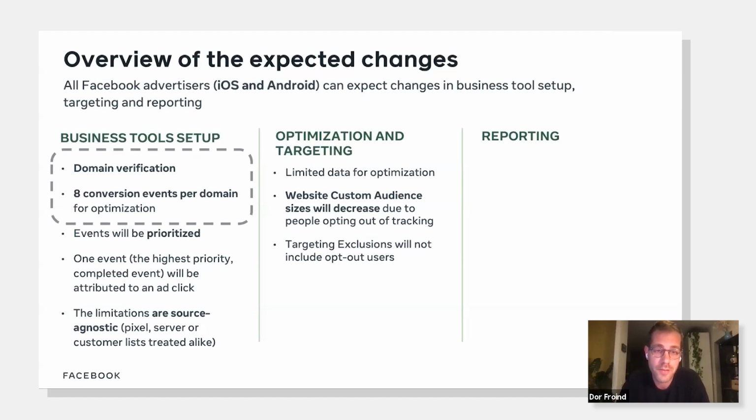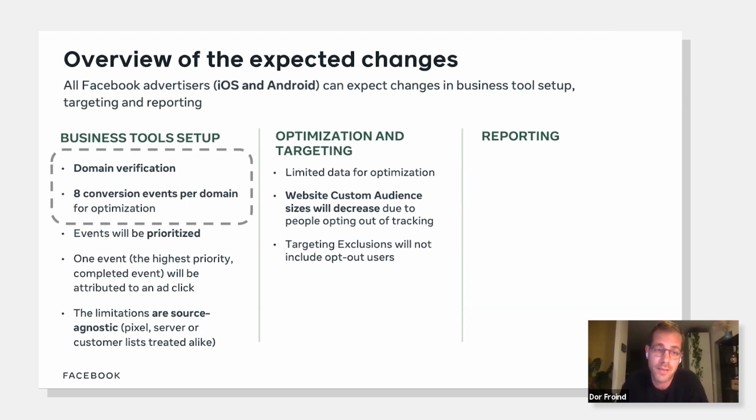Over time, as people update to Apple's latest version, including the prompt requirement, those people will be excluded from the retargeting audience. So we should expect those audiences to shrink over time. On the flip side, advertisers who use exclusions as part of their targeting routine, those won't be as accurate as before, because in the same manner, those won't include opted out users.